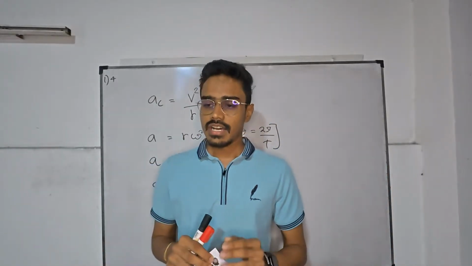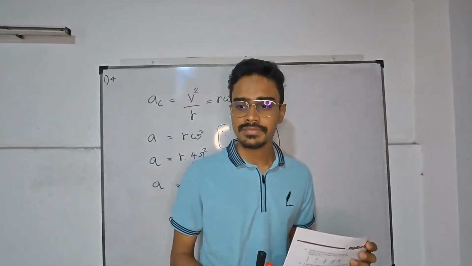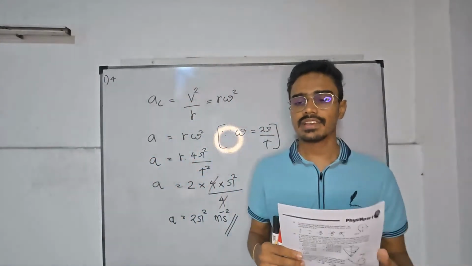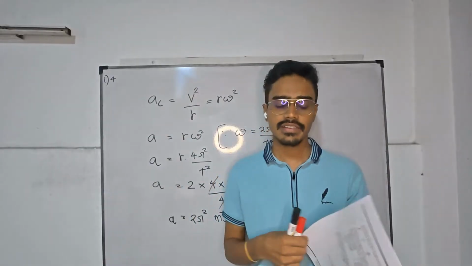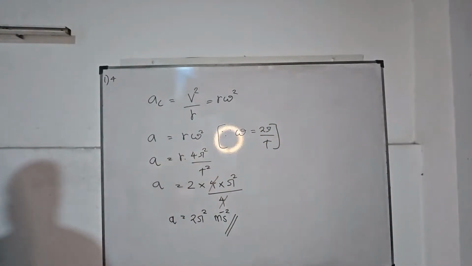By checking these 20 MCQs, we can make sure which level you are at in circular motion, because this covers everything in circular motion. Take it down quickly if there's anything.